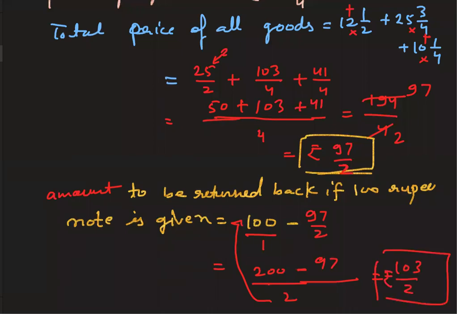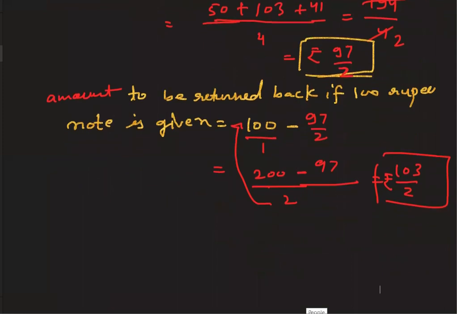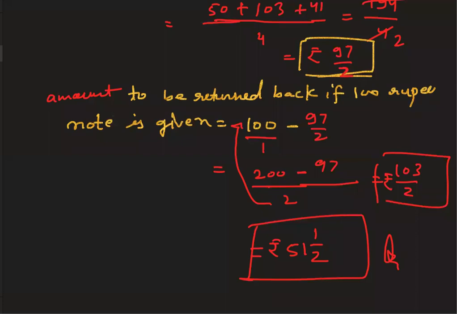This is the money that shopkeeper will return to you, or you can convert this into mixed fraction. So 51 whole 1 upon 2 rupees. This is the answer in mixed fraction. Clear or not? Say yes, sir, if it is clear.